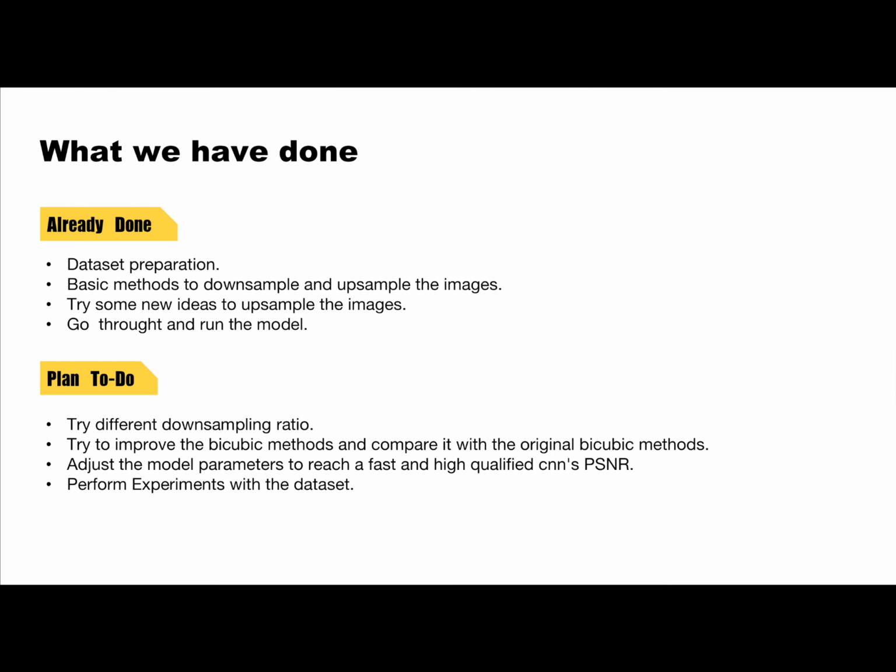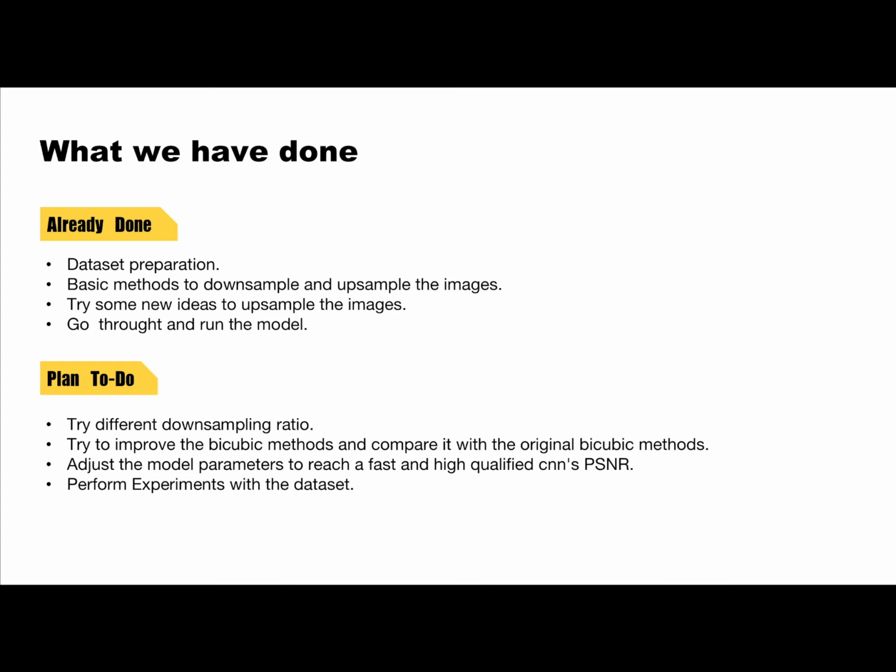Okay, from the above, we have prepared our datasets and we have tried some methods to downsample and upsample the images. We also have investigated new ideas about how to upsample the images to get good quality. And also we have gone through and run the model for specific images.